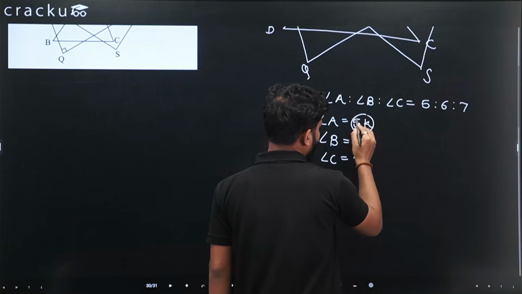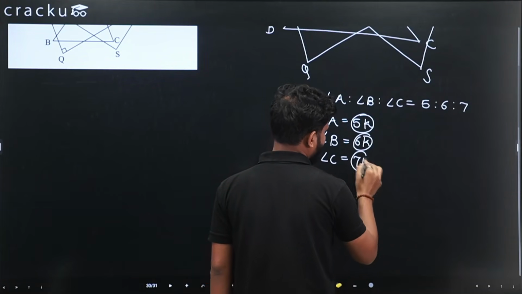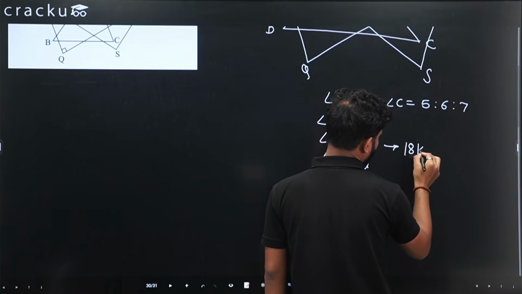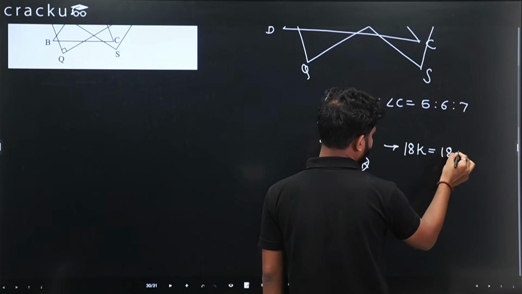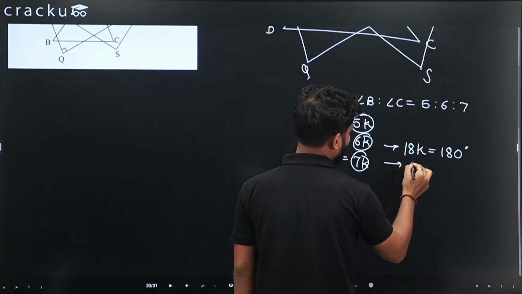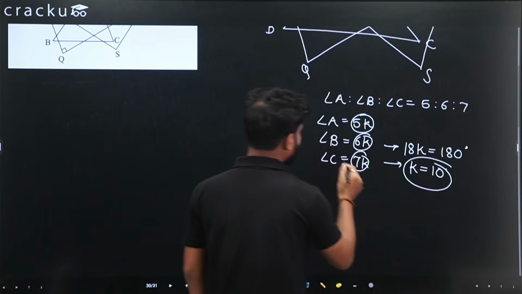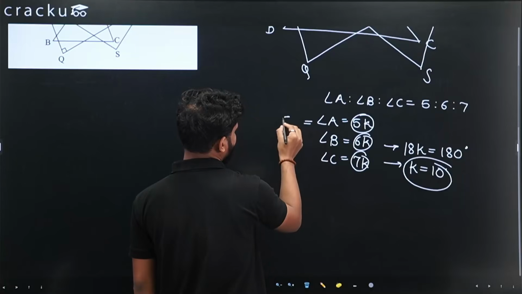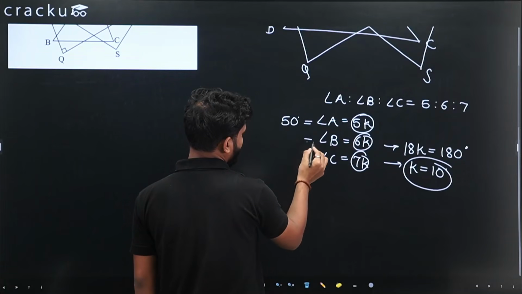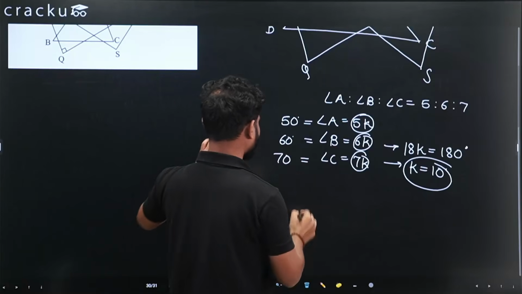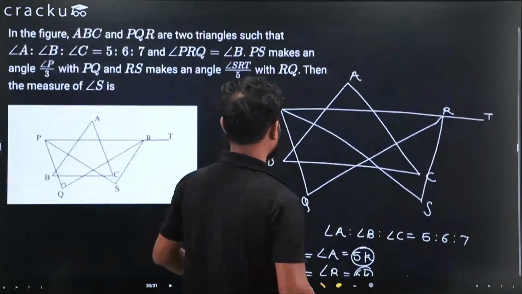So 5K plus 6K plus 7K will be 180 degree, or 18K will be equal to 180 degree. From here K is 180 by 18, which is 10 degree. Hence angle A will be 5K, which is 50 degree. It will be 60 degree and this will be 70 degree. Right?